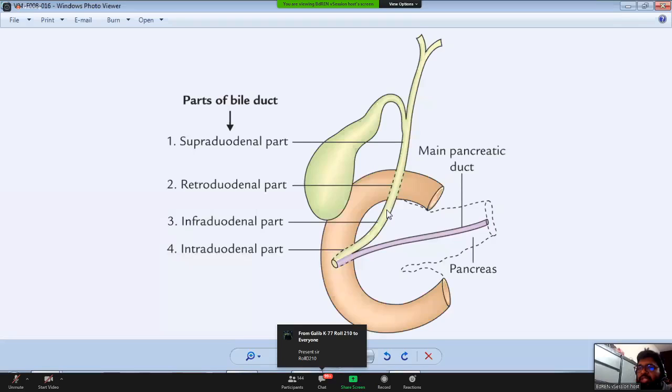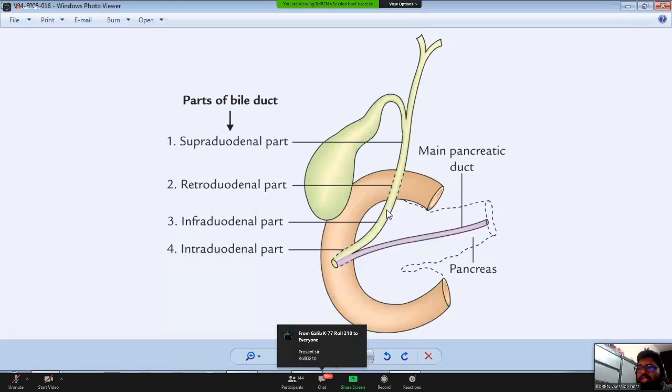So now, a very important thing I want to mention, the triangle of Calot, the cystohepatic triangle of Calot, which is formed on the right by the cystic duct, on the left by the common hepatic duct, and above by the inferior surface of the liver.